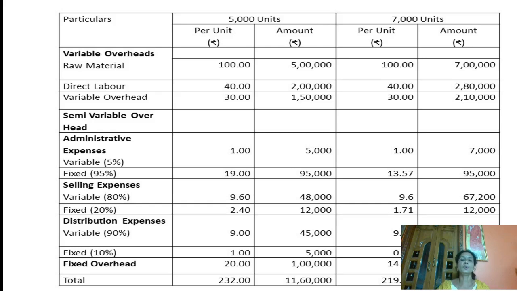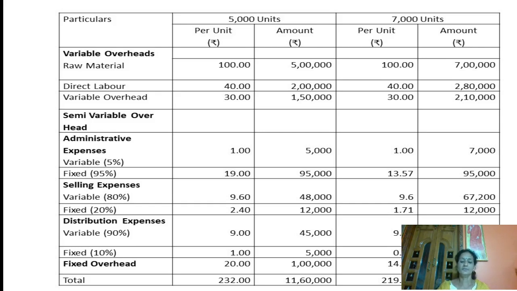Now we'll come to semi-variable overhead. So variable overhead is 100% variable. In semi-variable overheads, a certain percentage will be treated as fixed and a certain percentage will be treated as variable. So here the problem they have mentioned is that variable is just 5% and fixed is 95%.